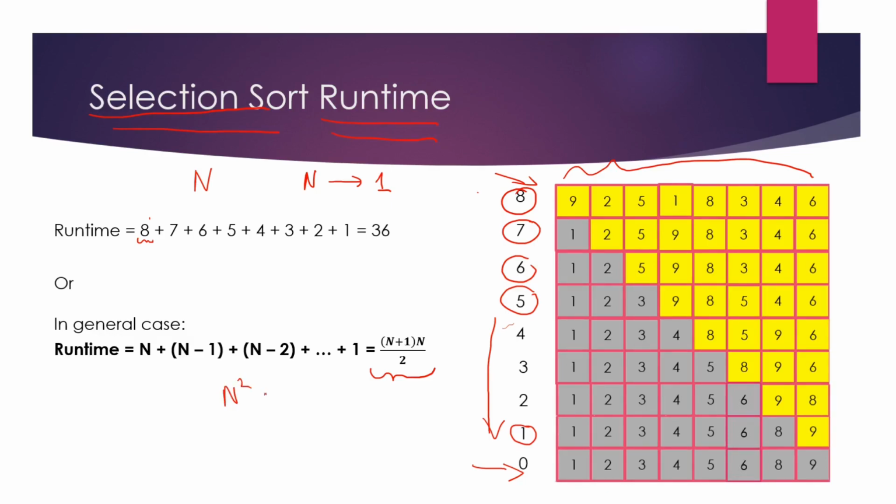So it's going to be n squared plus n over 2. So as n goes to infinity, the runtime is going to be O(n squared). You just ignore the n term because n squared grows faster than the n term. So your runtime is going to be O(n squared), which is the worst case runtime of selection sort.